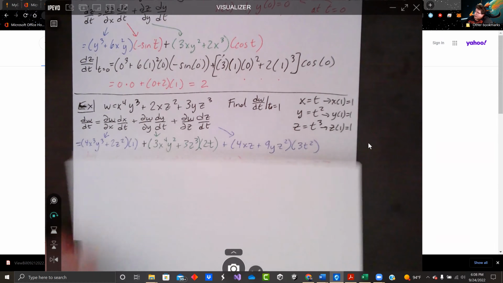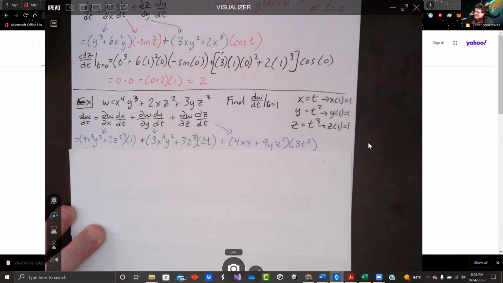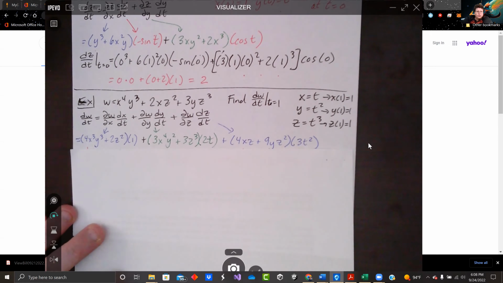Okay. So I've got the partial of w with respect to x is 4x cubed y cubed plus 2z squared. And then dx dt, the derivative of x with respect to t, is 1.